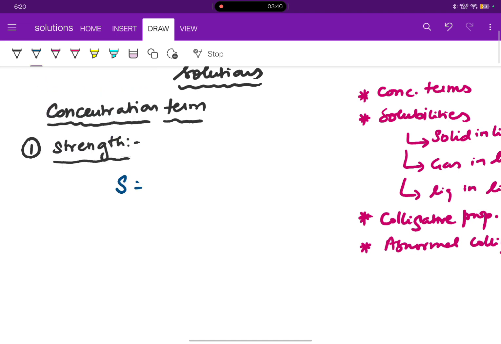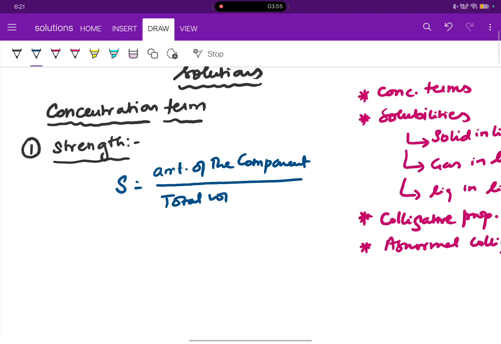Strength is denoted by letter S. It is the amount of the component divided by total volume of solution.